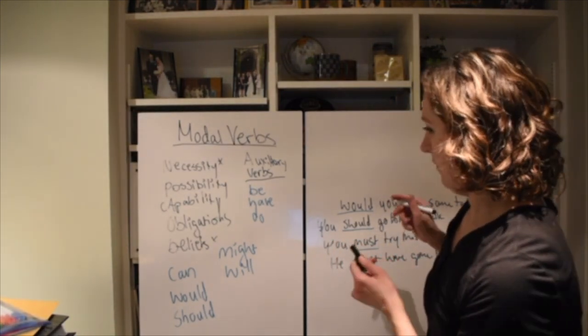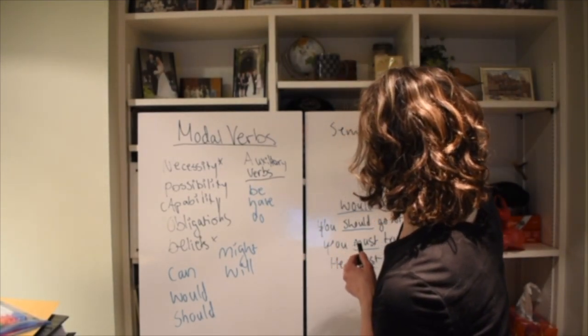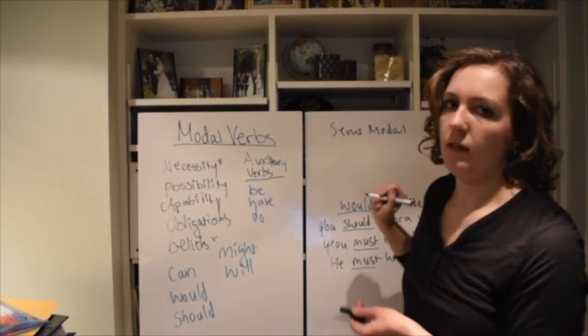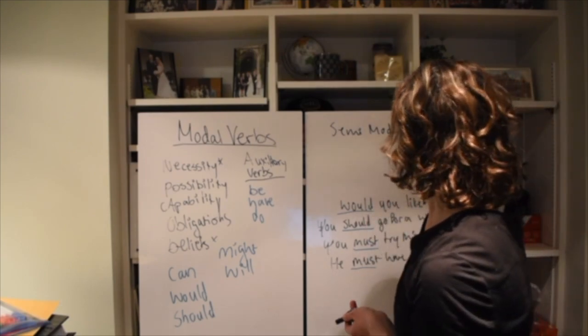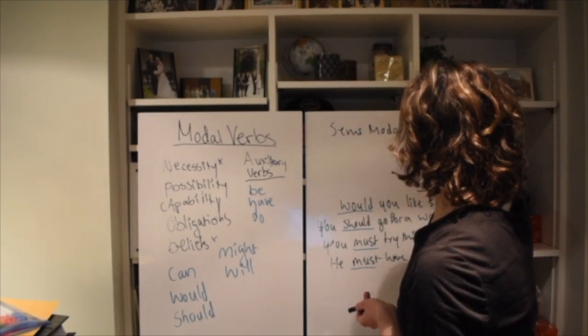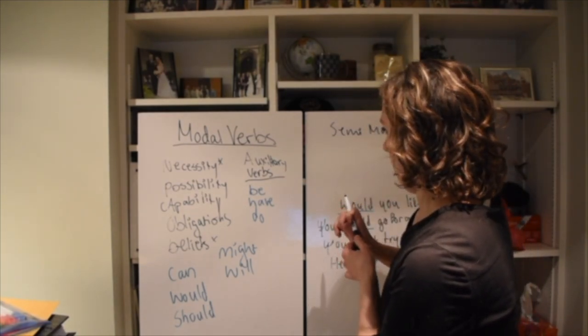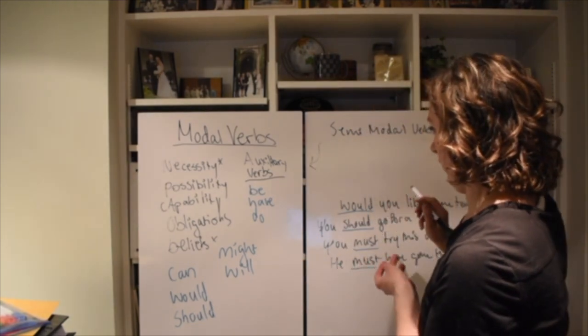So we have the normal modal verbs, but we also have another category of modal verbs here. So the other thing is we have semi-modal verbs. So these are similar to the regular modal verbs, but they do have their differences, and I will explain that. So, like I said, they are connected somewhat to the auxiliary verbs.